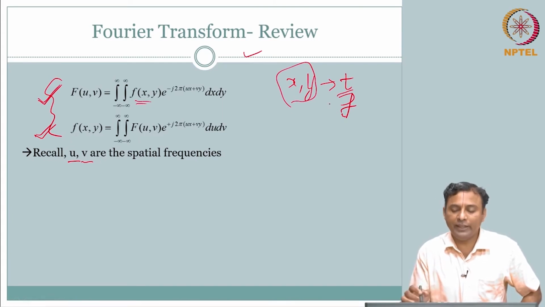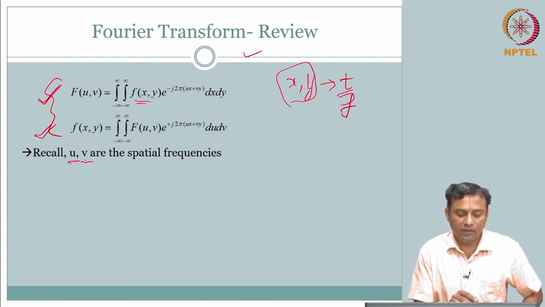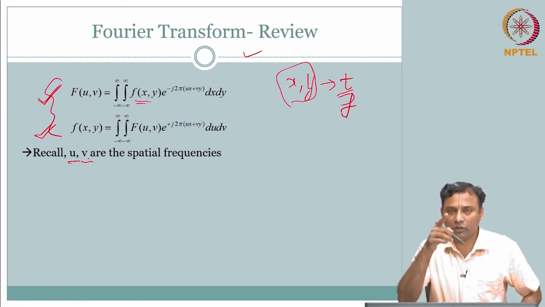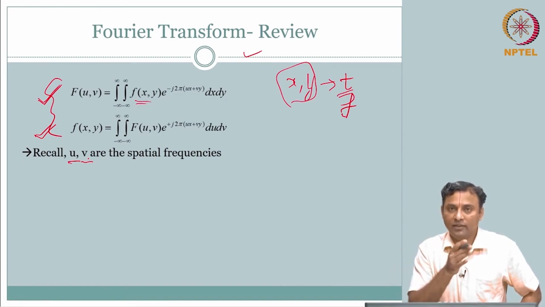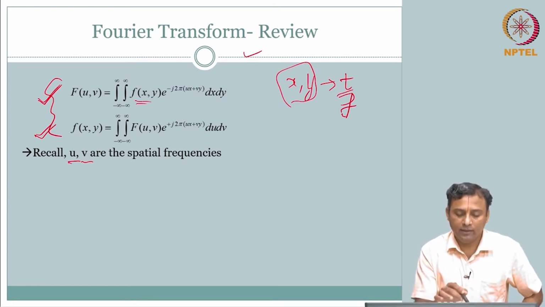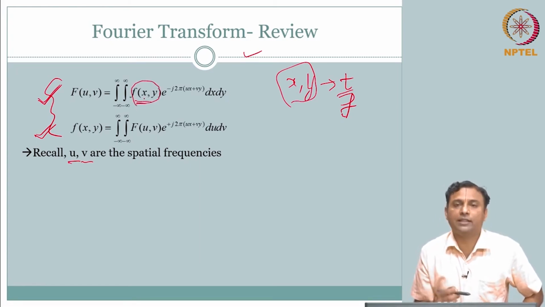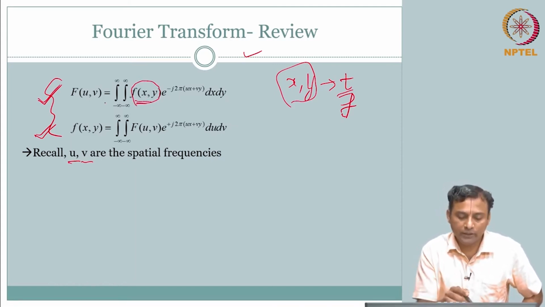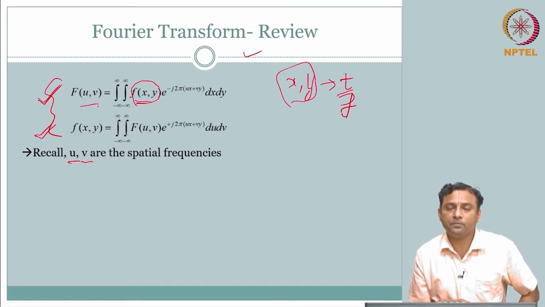Therefore, we already interpreted and visualized these frequencies. Go back to the example where we talked about lines and patterns: vertical parallel bars, black and white alternating, and then at an angle. So we visualized frequencies. What you see here is how I decompose the signal f of x comma y into its frequency components.